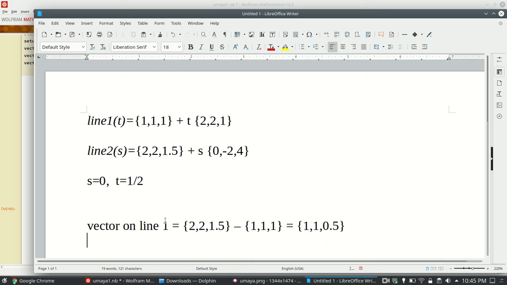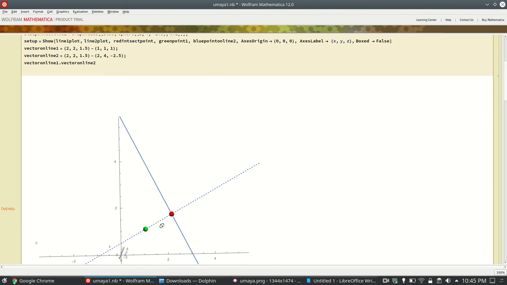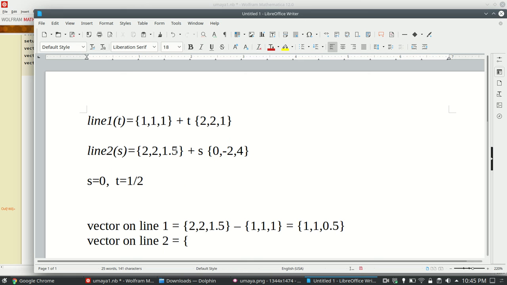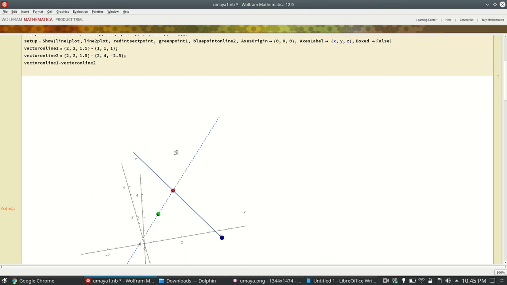Now, I did much the same for line 2. 2, 2, 1.5 is a point that is on both line 1 and line 2, so I could use it again. Now, I need a point on line 2.